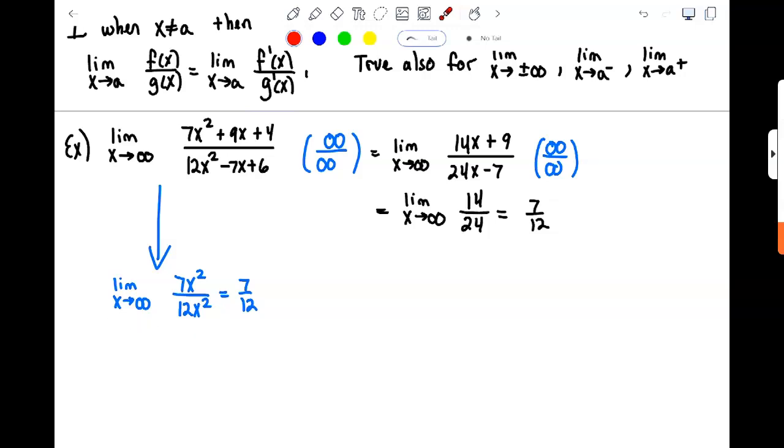Okay, but polynomial over polynomial, you can actually shorthand it this way. Okay, so there we are. And you can see that the result does agree with our L'Hopital's rule either way. So this is just a little quicker way you can apply if you're dealing with just a polynomial over a polynomial. Just speeds it up a little bit. Okay. But we'll see some other places where we can't do that, and we're going to have to use L'Hopital's rule.